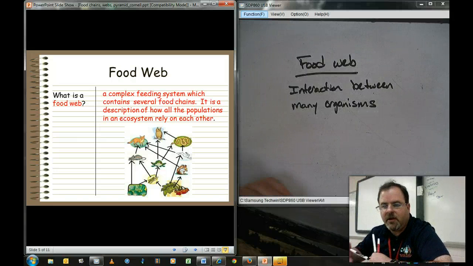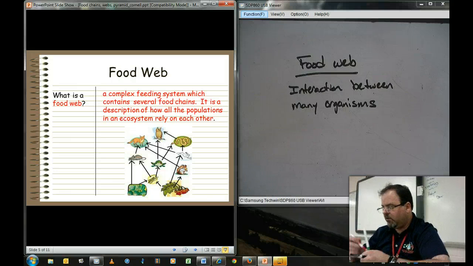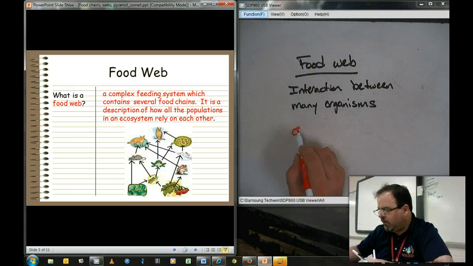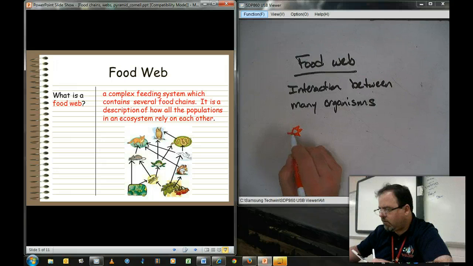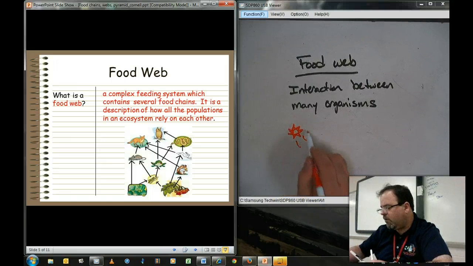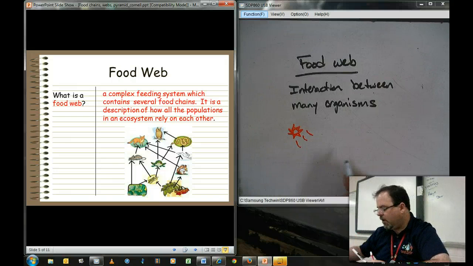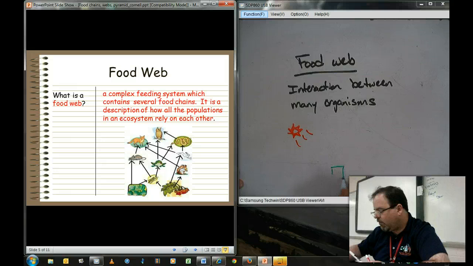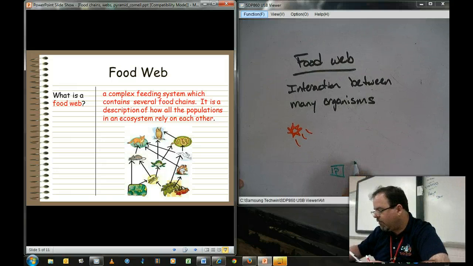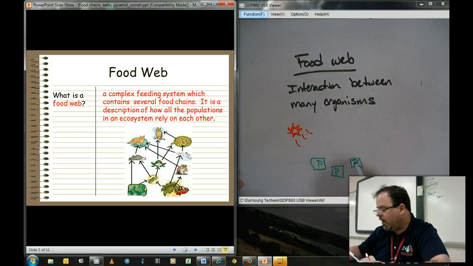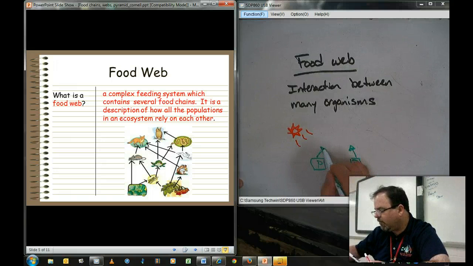It's pretty complex. So it's showing how the sun gives off its rays, and how then the producer or producers, depending on what type you may have. So there's a producer, there's another producer, and maybe another producer. So different plants, and how they give their energy to different organisms within the particular ecosystem.